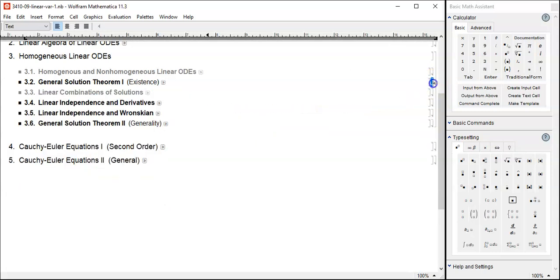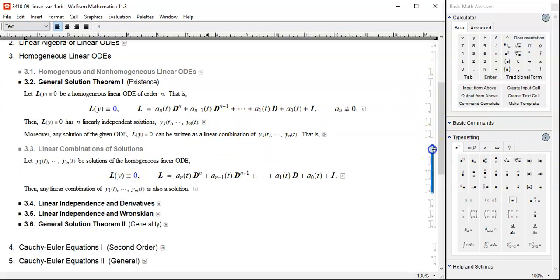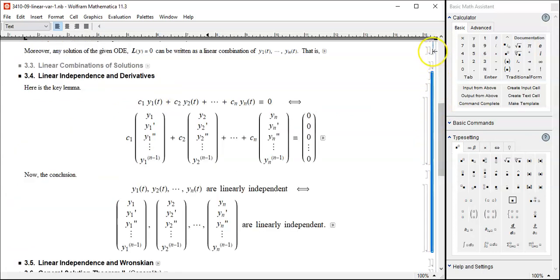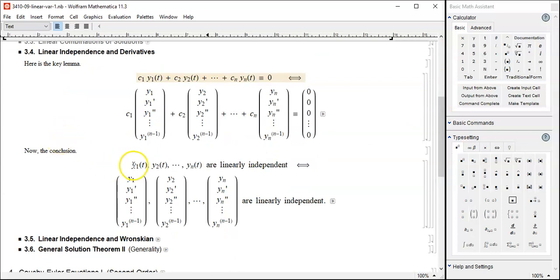But then again, the second statement is a little bit harder. So we need some further preparation. This one was just trivial, and this one was more significant. What we want is this. Functions y1 through yn are linearly independent if and only if the vector functions, like these column vector functions, are linearly independent.